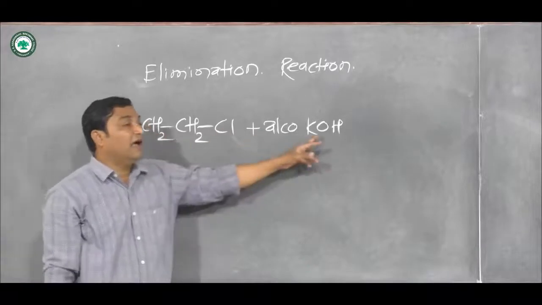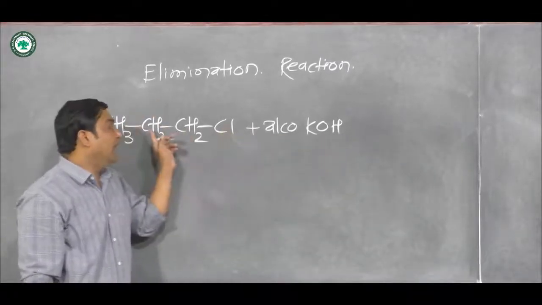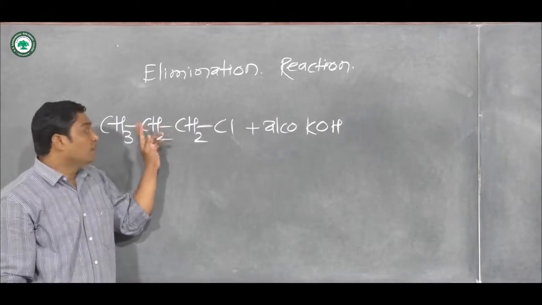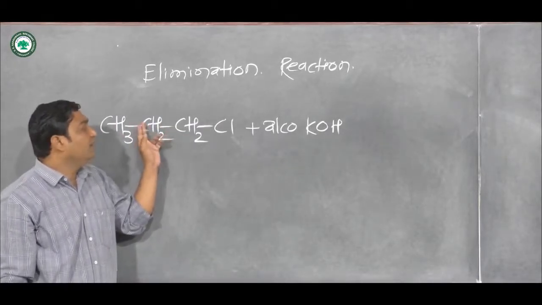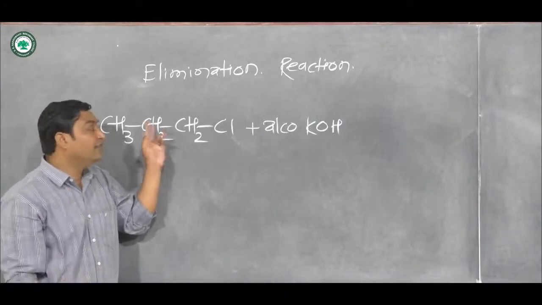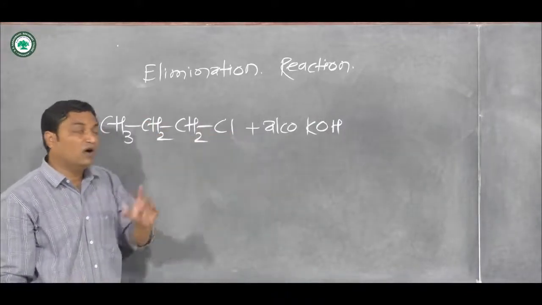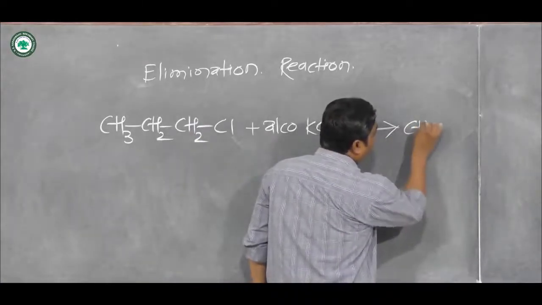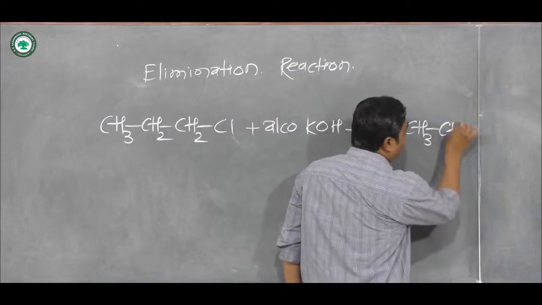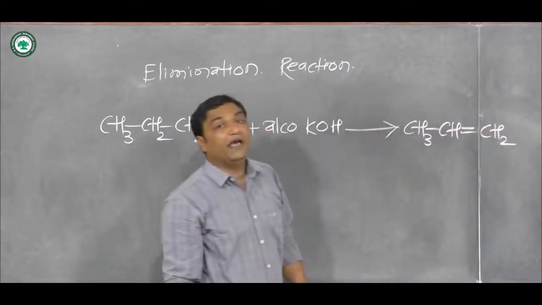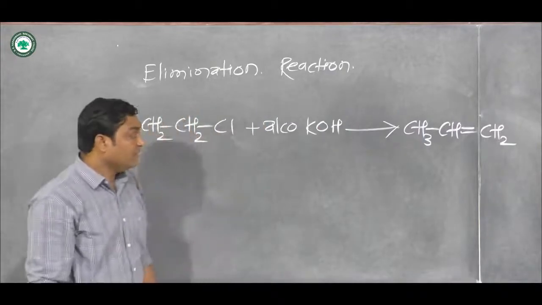Due to its higher concentration, this beta hydrogen atom is eliminated along with the halogen atom to form 1-propene as a product.